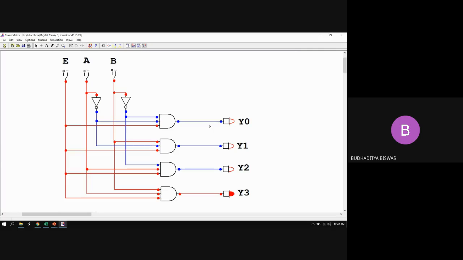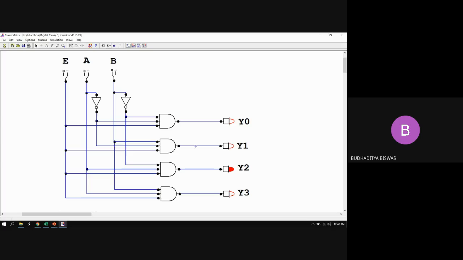And a decoder is used to decode the information. Suppose the lines were not there, and I just hide A and B, the logic switches. Then you would not be able to see what the possible input combinations are.